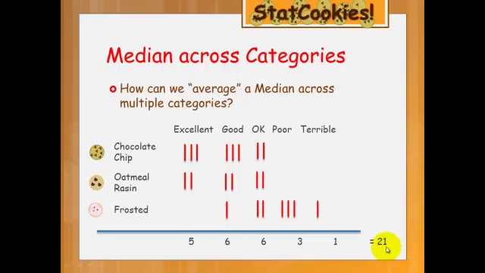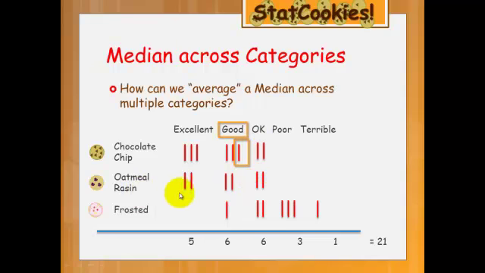I have 21. So half that I'm going to count in 11 observations. 1, 2, 3, 4, 5, 6, 7, 8, 9, 10, 11. And again, that means that the median rating of all of my cookies, regardless of type, is good.